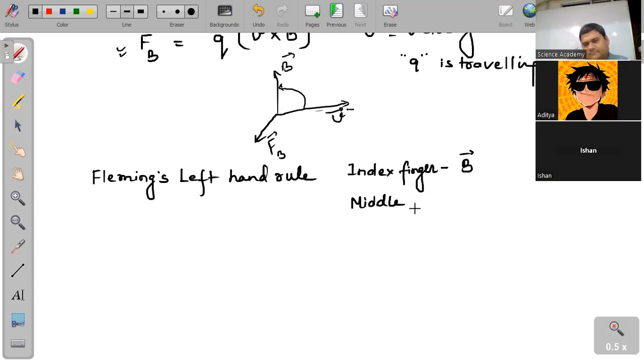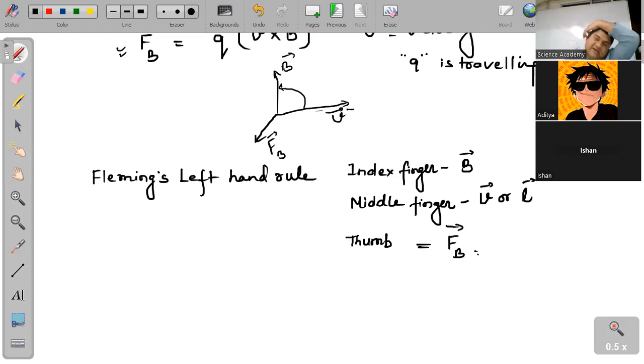Middle finger: V vector or L vector. Thumb is equal to F_B vector.